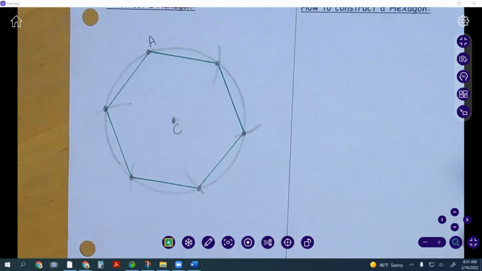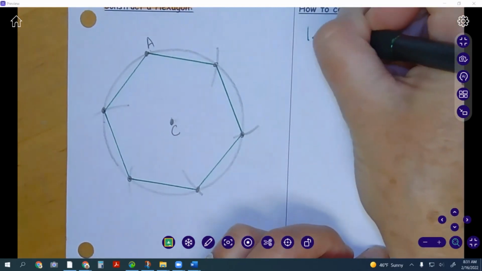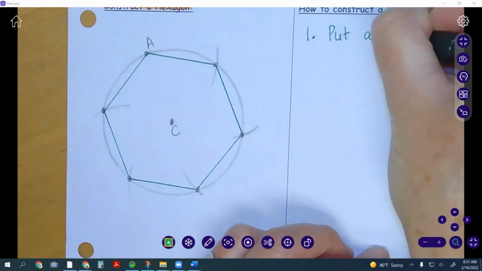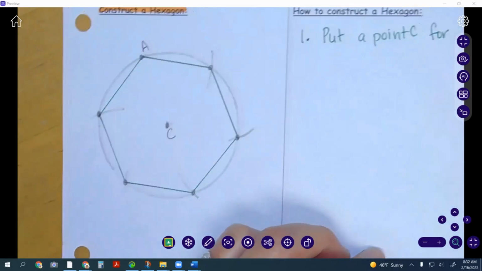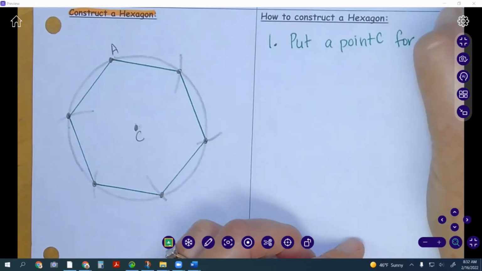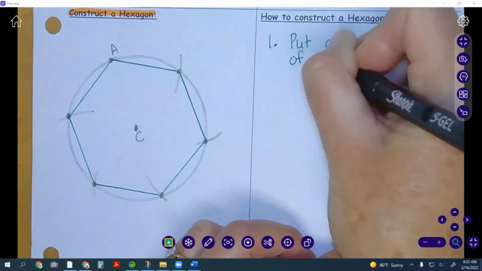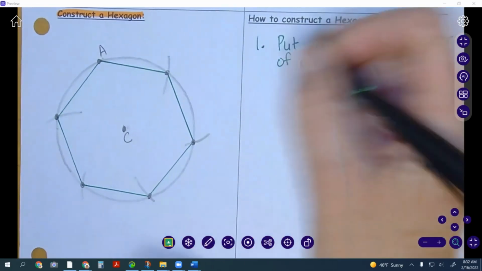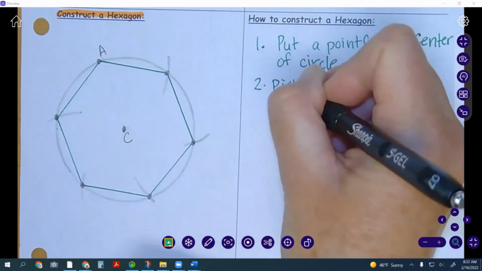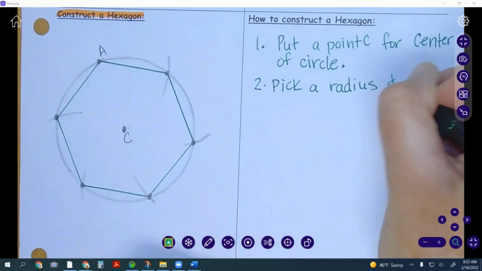So in terms of steps, first thing what I did was put a point C. And again, you don't have to use my letters, I'm just having them as a reference. Put a point C for center of circle. Pick a radius and keep it throughout.